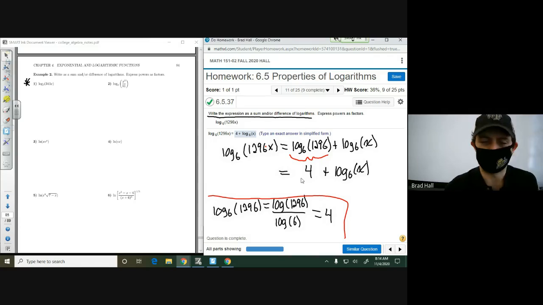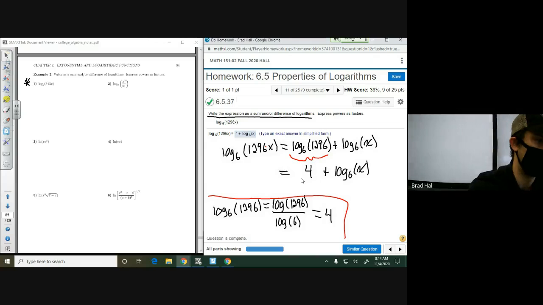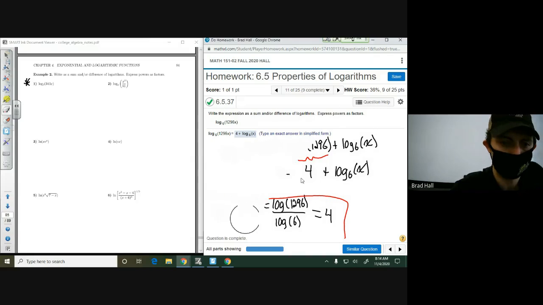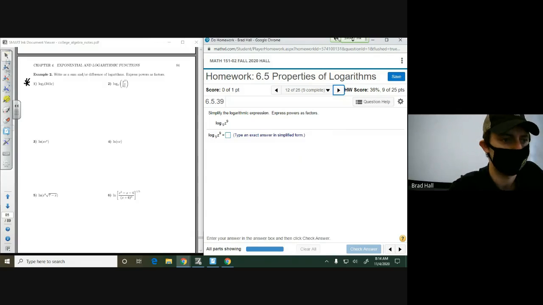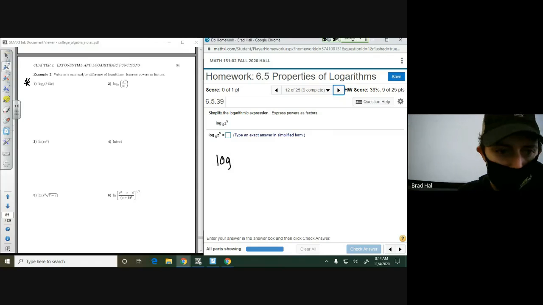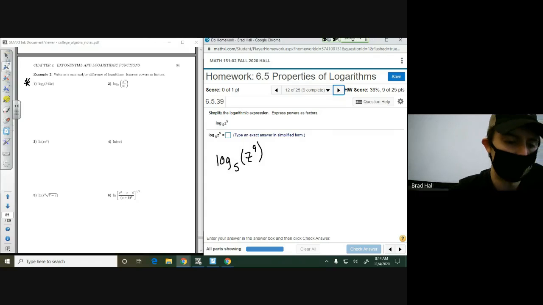So again, this should pretty much correspond to what I have in the lecture. So it looks like I don't have this one. So I'll go ahead and do this problem.